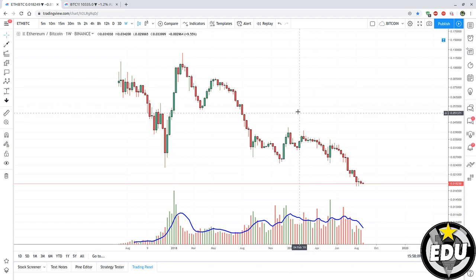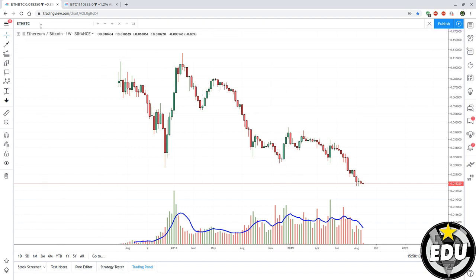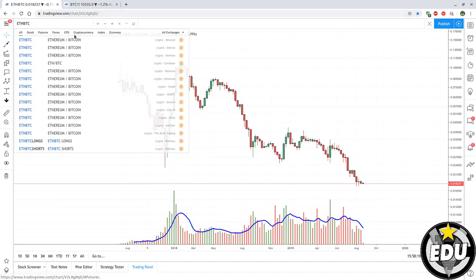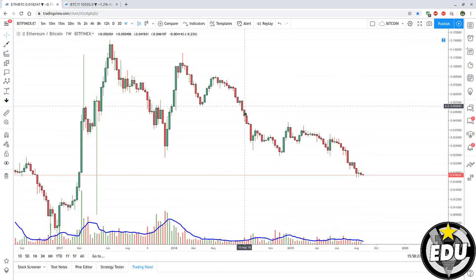Bitcoin, Ethereum, that is not looking that great when it comes to the weekly, because it still has a lot of space to drop on a higher time frame. Let's see if I check Bitfinex. I have a chart. Yeah.